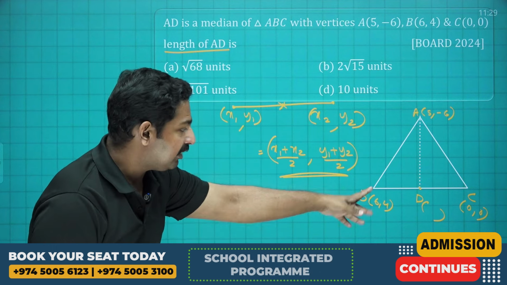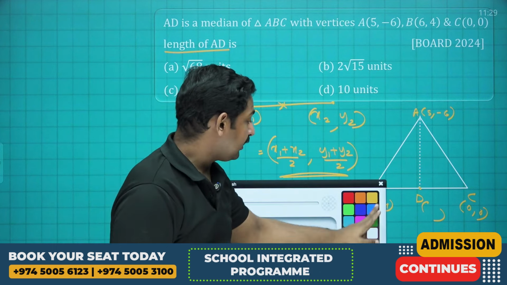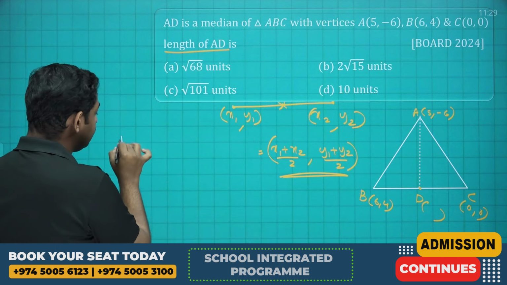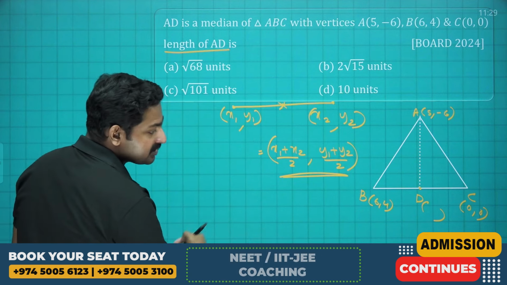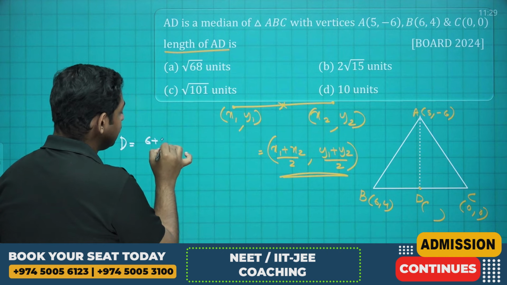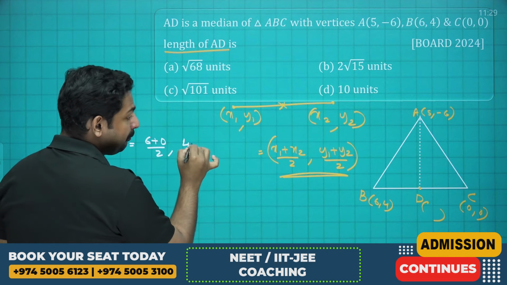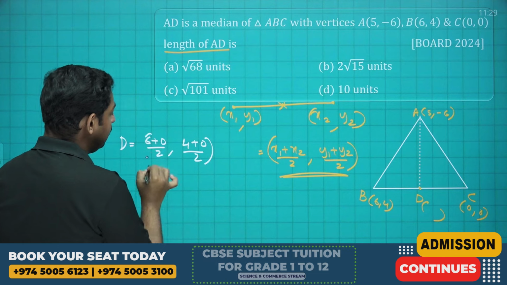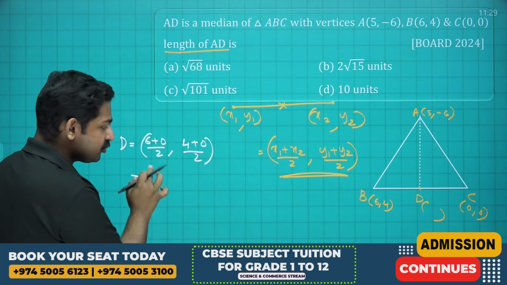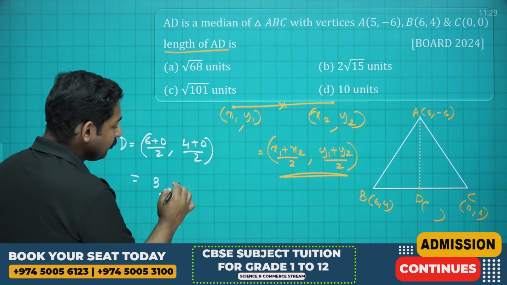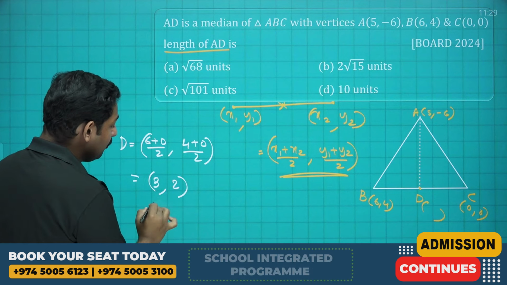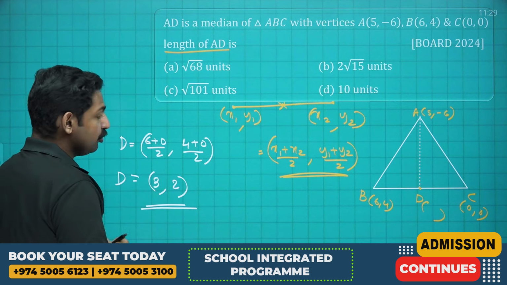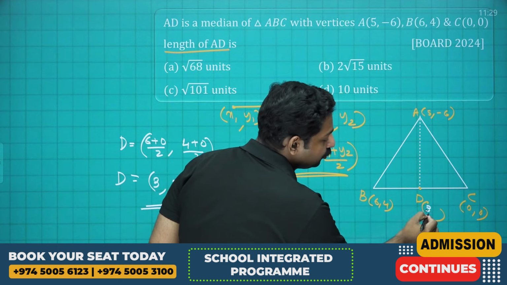By using that formula, we can get the coordinate of D. So D is ((6 + 0)/2, (4 + 0)/2). So 6 by 2 is 3 and 4 by 2 is 2. So (3, 2) is the coordinate of D.